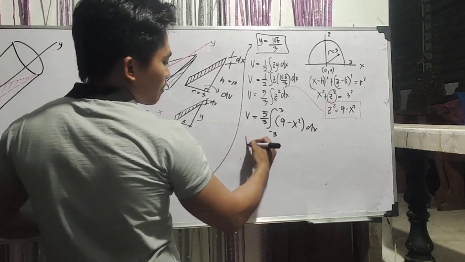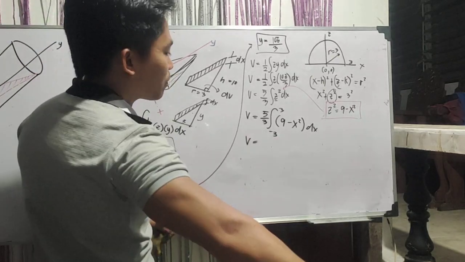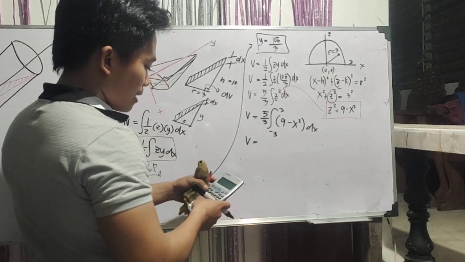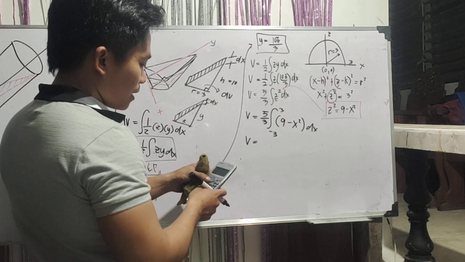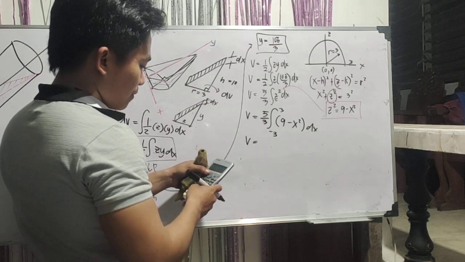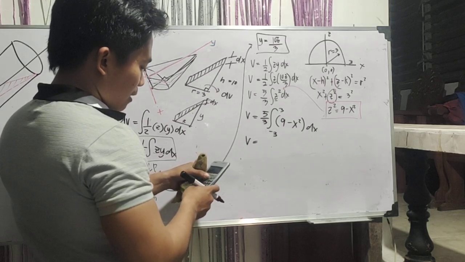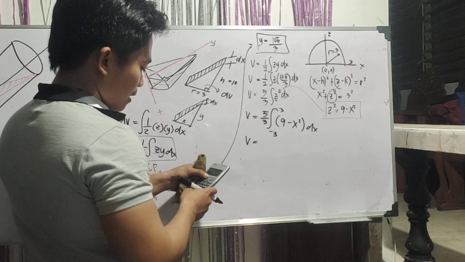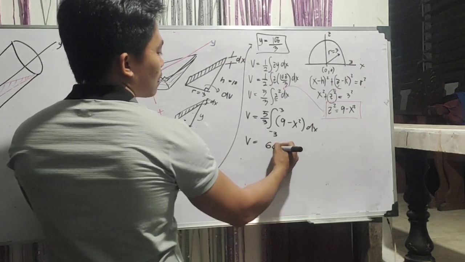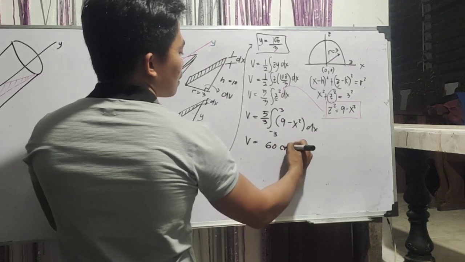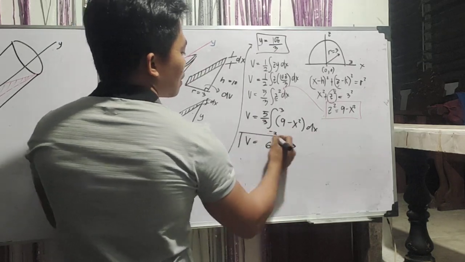Pag in-input mo ngayon to sa calculator, what will happen? Actually, that is just 5/3 the integral of 9 minus x squared quantity from negative 3 to 3, okay? That is actually 60 cm cubed.